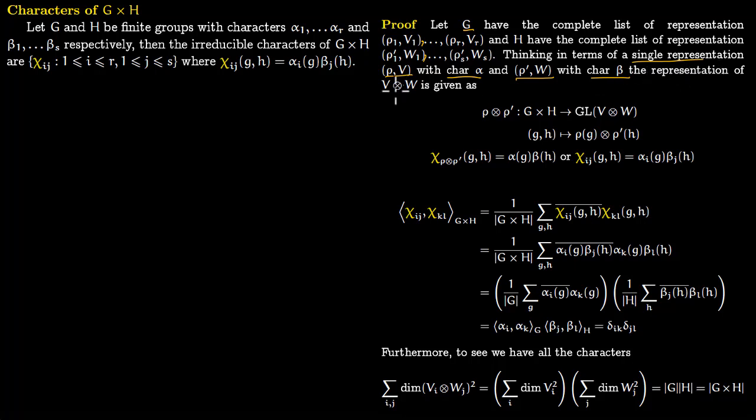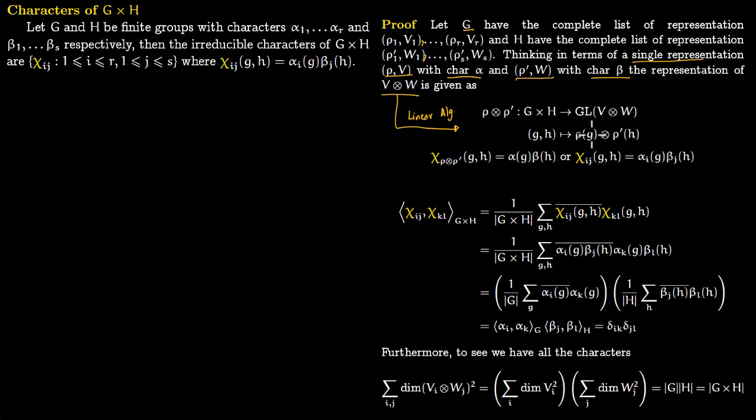So the representation of v tensor with w is given like this. This is just the standard linear algebra, how to form the tensor product of two vector spaces. And from here, again, the character is just the character of this.